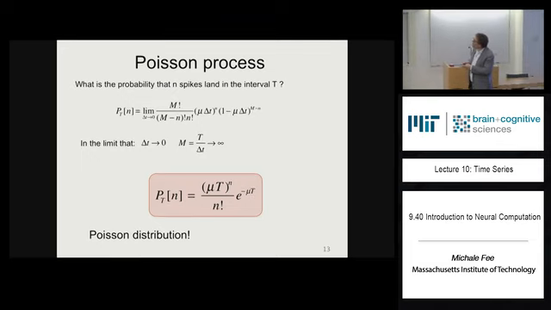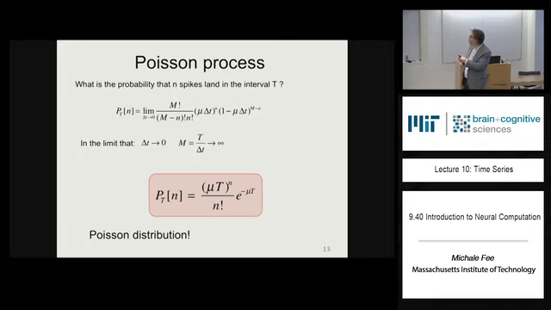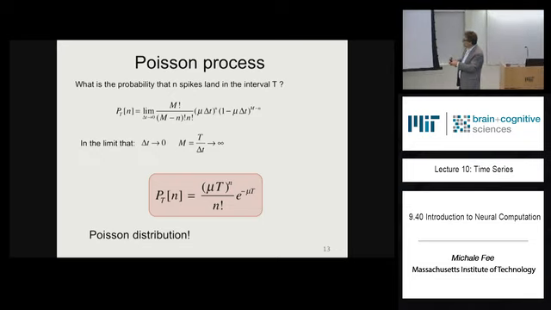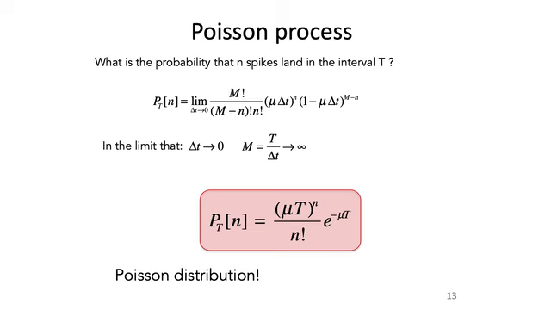And what you find is that in the limit that delta t goes to 0, of course, the number of bins goes to infinity because the number of bins is just t, capital T, divided by delta t. Okay, so you can go through each of those terms and calculate what happens to them in the limit that delta t goes to 0. And what you find is that the probability of having n spikes in that window t just looks like mu t to the n.